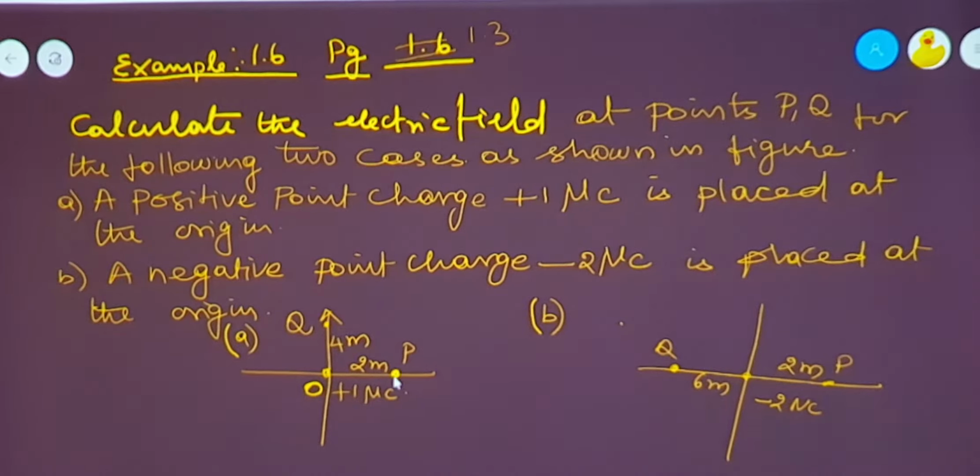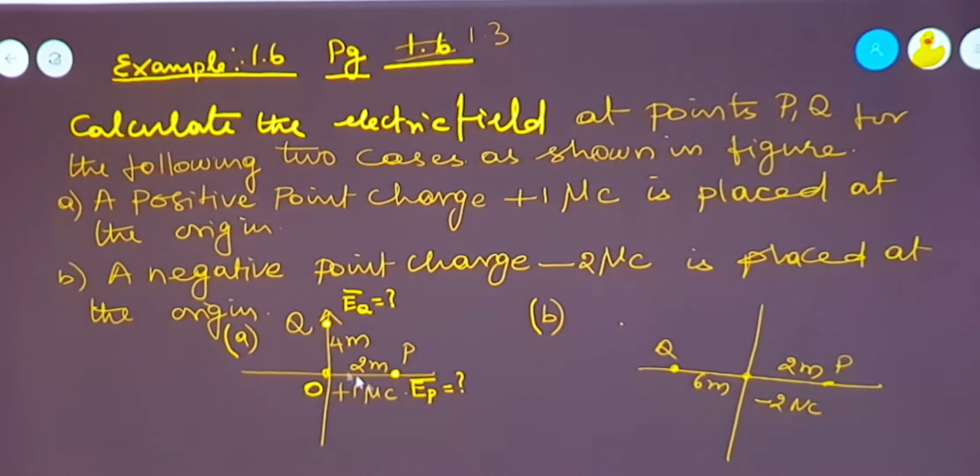One of the point is P and another point is Q. So at this point, what is the electrical field? We have to calculate EP vector. Similarly, at this point Q, due to this charge plus 1 microcoulomb, we have to calculate that. We are calling it out as EQ vector. So 2 problems has to be solved for the subdivision A.